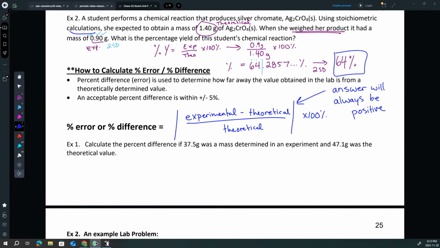So for the first example, we're asked to calculate the percent difference or percent error, same thing, if 37.5 grams was a mass determined in an experiment and 47.1 grams was the theoretical value. This one's pretty straightforward, but the trick to these types of questions is can you determine which number is your theoretical value and which is your experimental value?